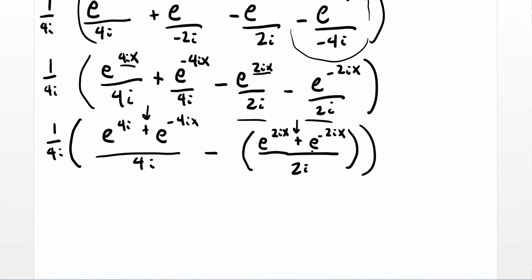So this one looks like we're pretty much done. We've got a 2 on the bottom. There's an extra i, but that's okay. This one we don't have a 2 on the bottom. So one of the ways I like to do this is I'm just going to take these two terms and multiply by 2 over 2.